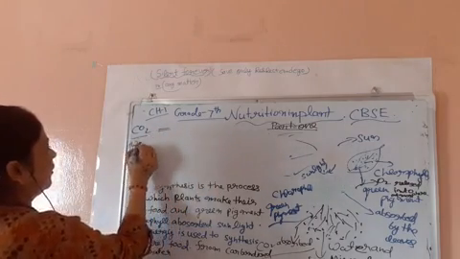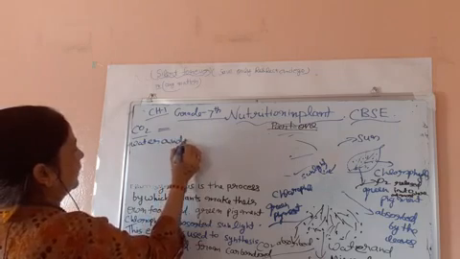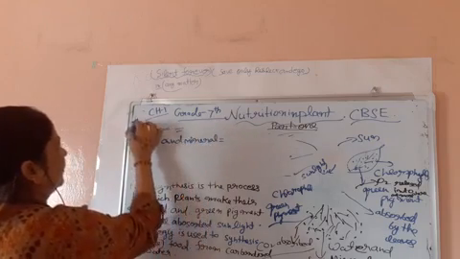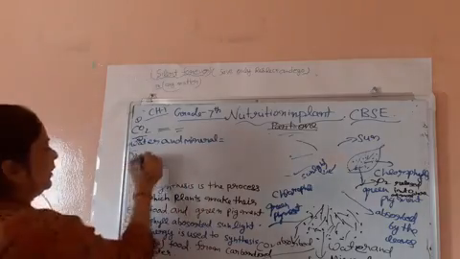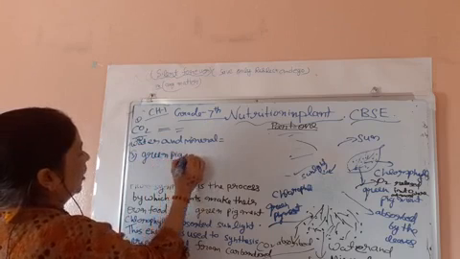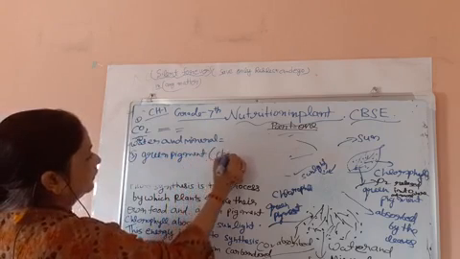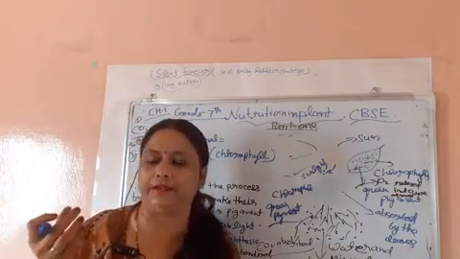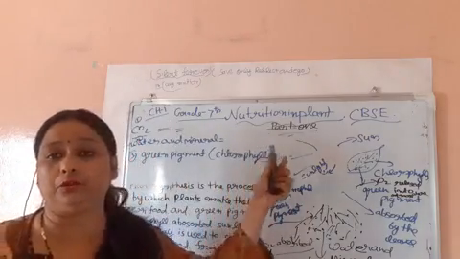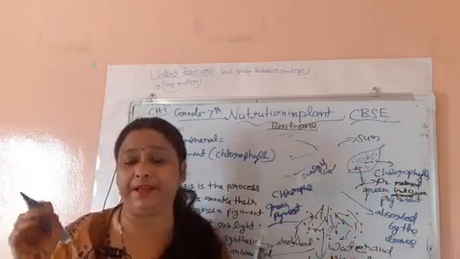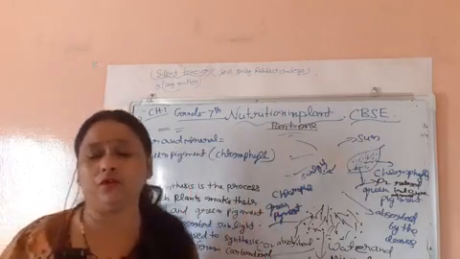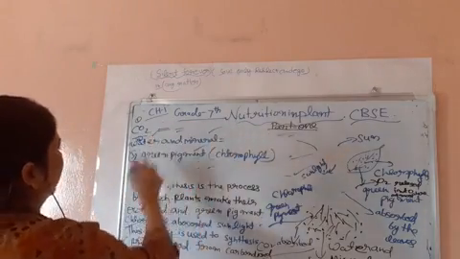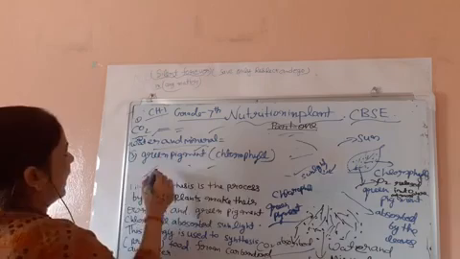Second, water and minerals. Third, the green pigment, also called chlorophyll. This green pigment absorbs sunlight. These products are very necessary in this process; without them photosynthesis is not possible. So the necessary factors are carbon dioxide, water and minerals, and the green pigment chlorophyll.